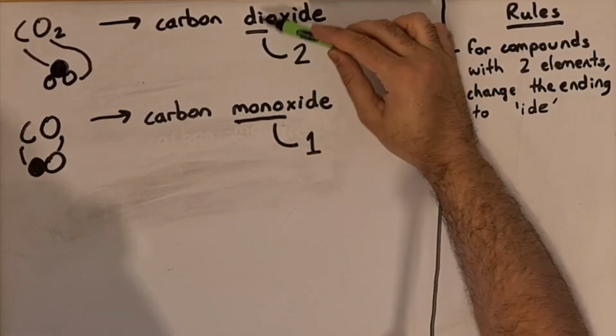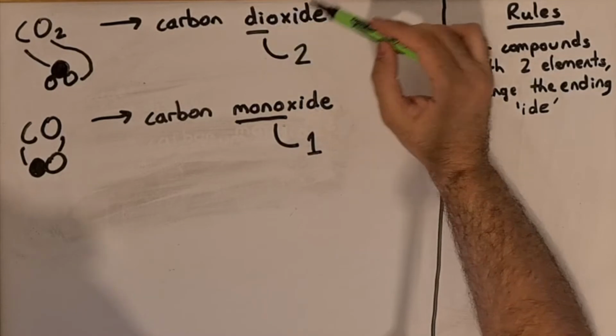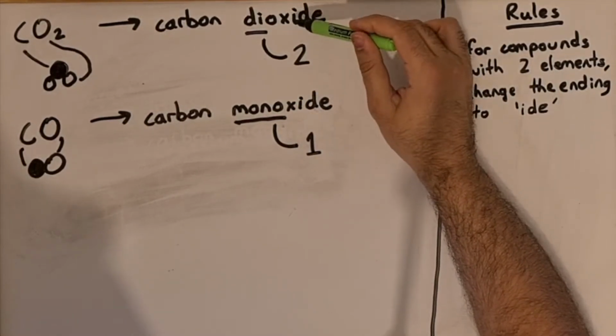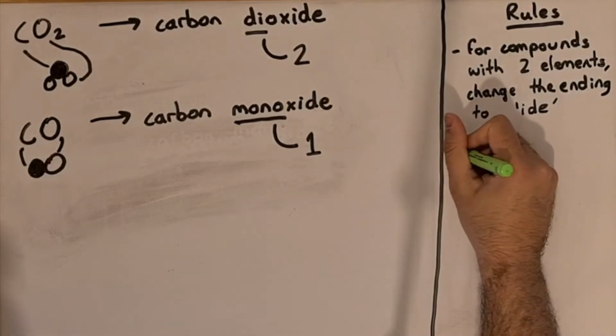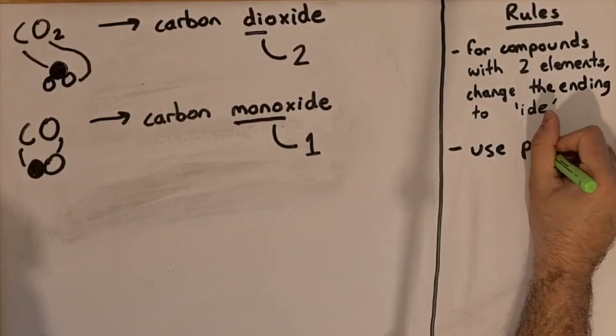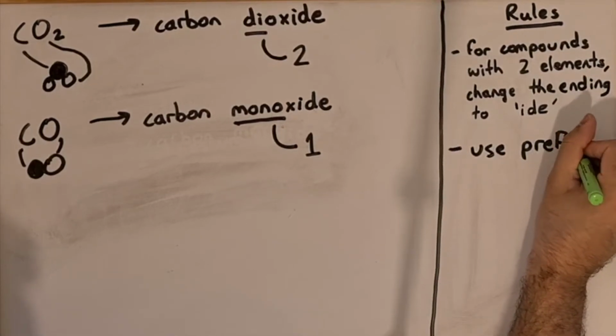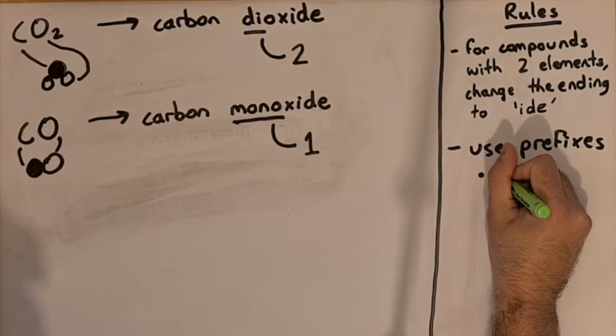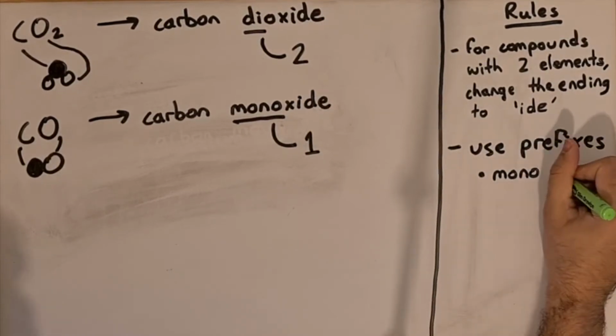These parts here, the di and the mono, are called prefixes, and they tell us the number of atoms of the element in each molecule. So I'm going to add this to my rules. So use prefixes. The ones we've already got are mono, meaning one.